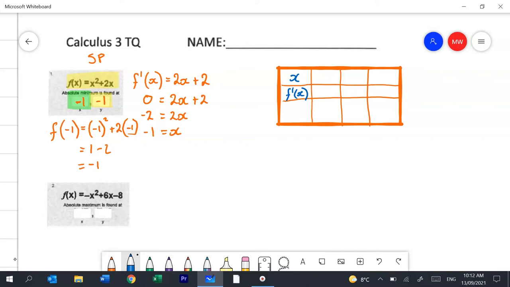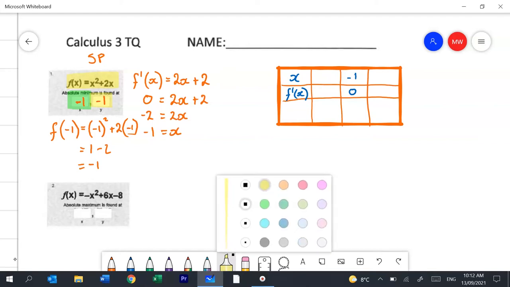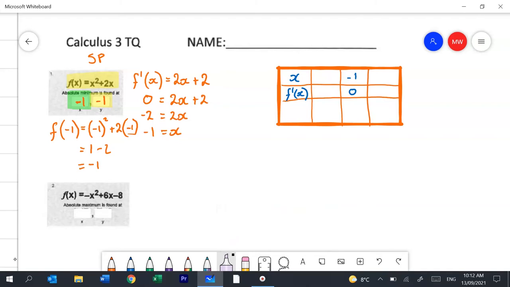Now, we know that at minus 1, we have a gradient of nothing. And the reason that I know that is because I've already worked it out. So if I choose a different color here, I have worked out this value, okay? And the purpose of that was because that was when f dash equaled 0.